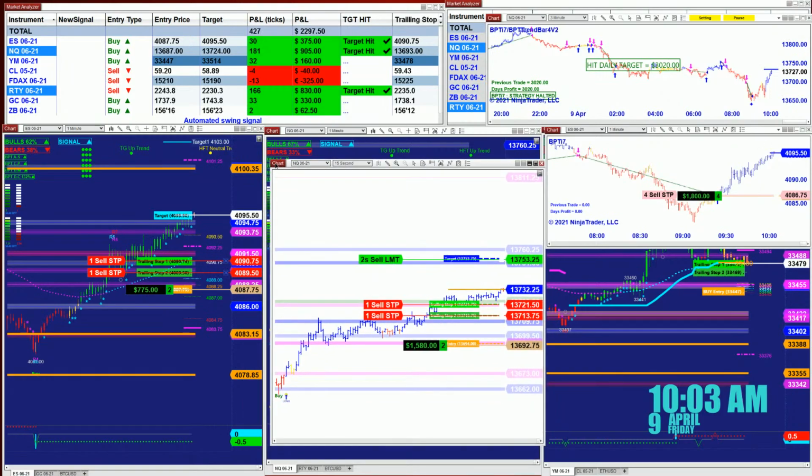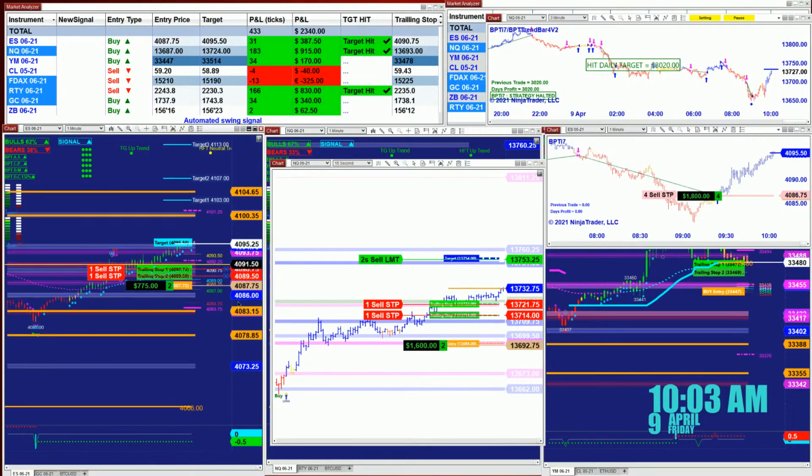So at the moment, if we look at the ES, it has just hit the target. I extended the target a little bit.